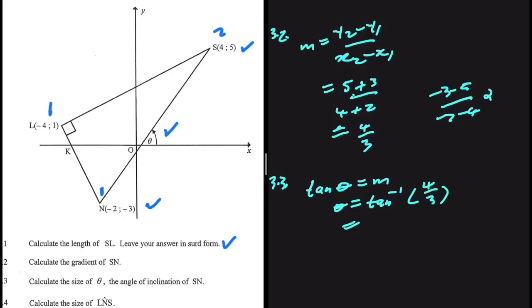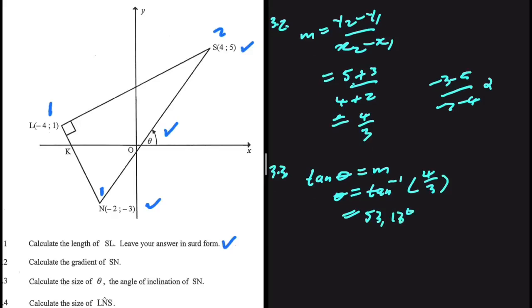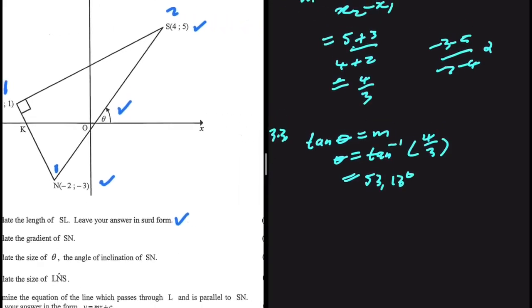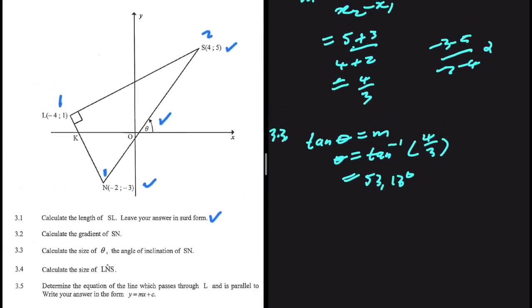Let me just put that in my calculator again so that I don't make any silly mistake. That is 53.13 degrees. Okay, so how many marks? 6. So we have 6 marks in the bag. We haven't done anything complicated. It's just standard procedure.